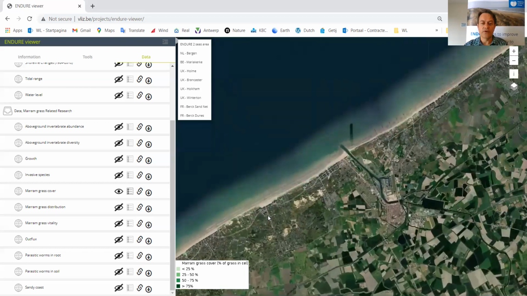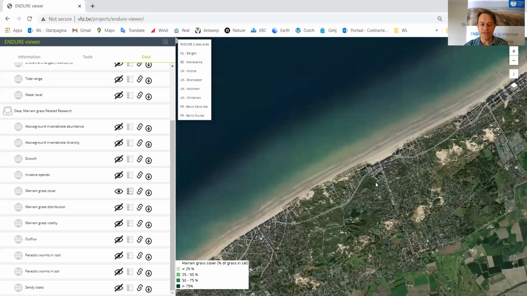But where it occurs, it was investigated. So I want to see what is the distribution, what is the cover. And with different shades of green, we can see if the cover is consistent, such as over 75%, some parts are, or it's like average, or it's below 25%.